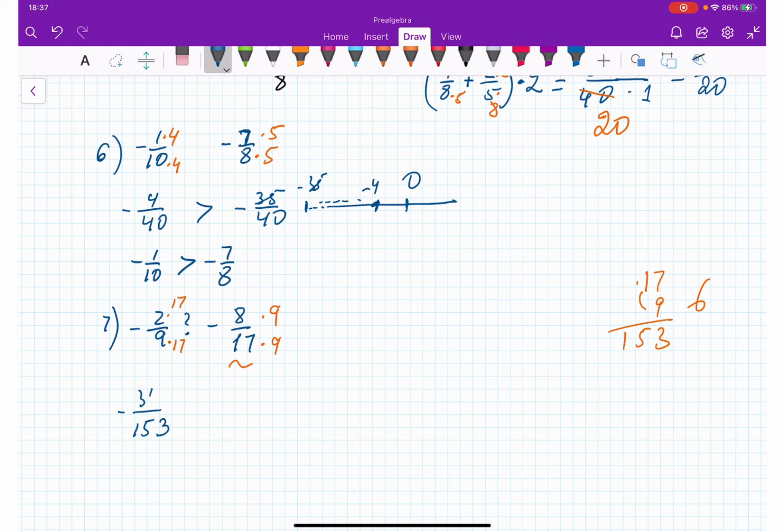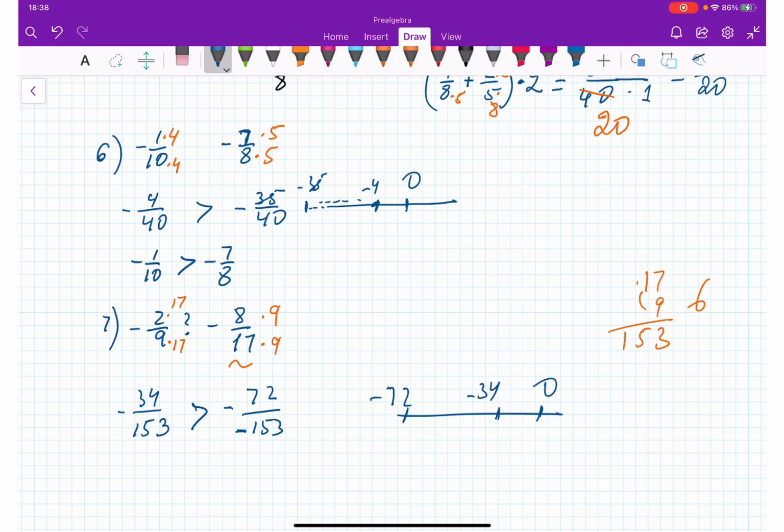Here will be negative 34, here will be negative 72, over 153. Since we have the same denominator, we ignore the denominator: negative 34 and negative 72. Negative 34 is greater than negative 72. Why? Because first comes negative 34 and then comes negative 72.